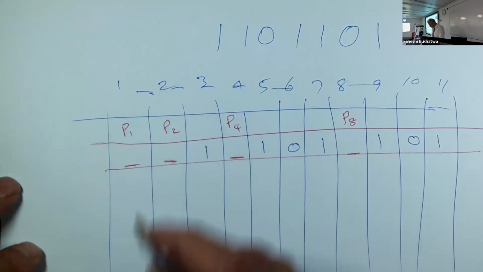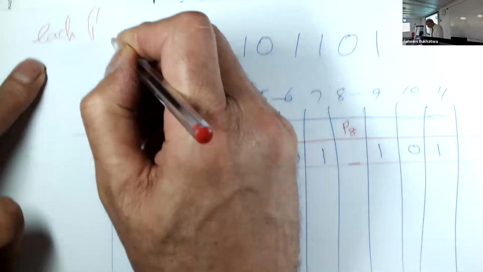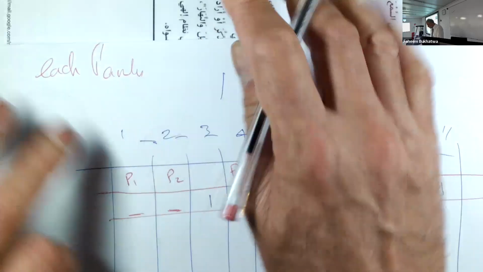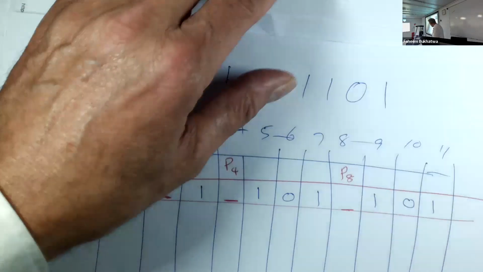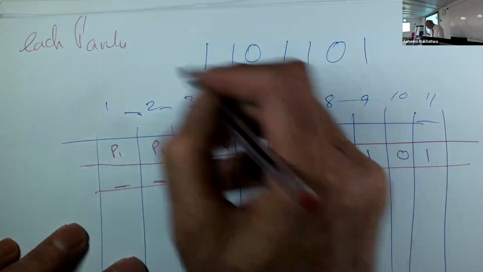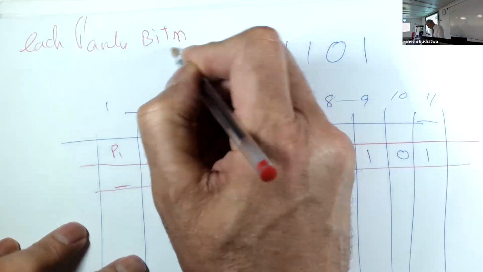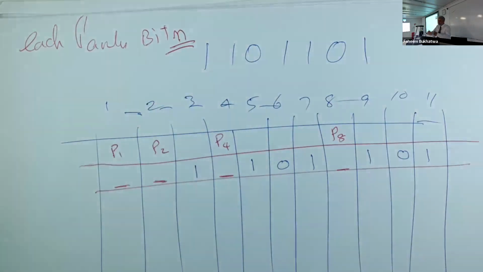For each parity bit, I'll just have n. It could be parity bit 1, parity bit 2, 4, or 8.